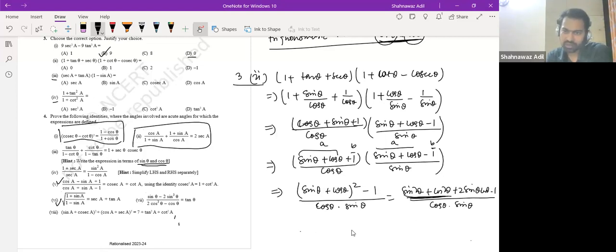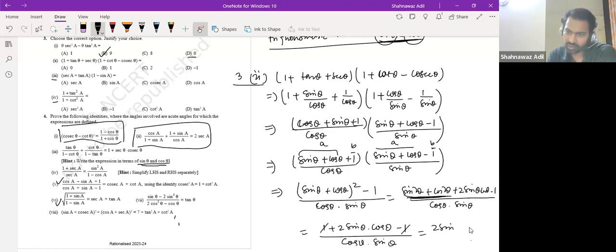So this is 1 plus 2 sine theta cos theta minus 1, and then cos theta sine theta. So this is cancelling and we have 2 sine theta cos theta divided by cos theta and sine. This is cancelling and we have.